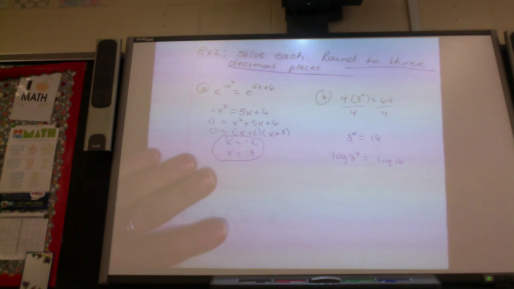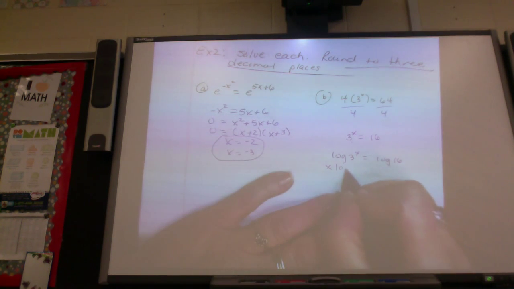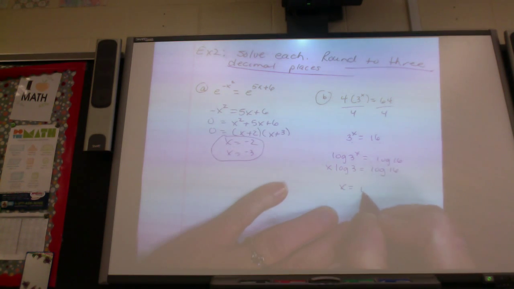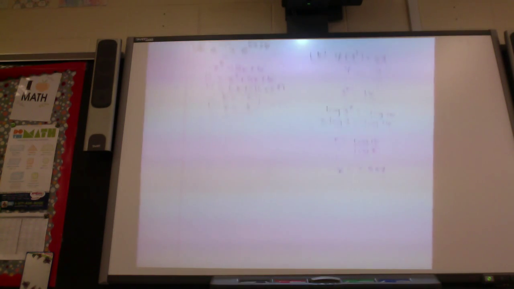And now it's just like those previous problems. Bring the x in front. Divide by log 3. Check and see if you get the same answer I do.